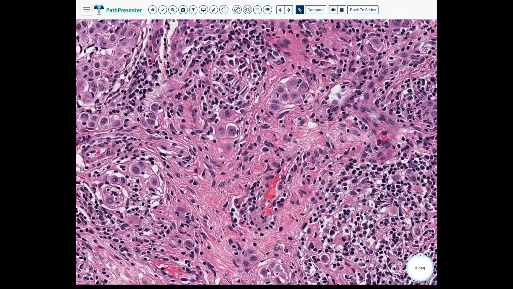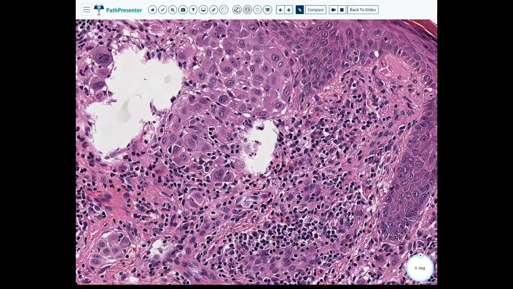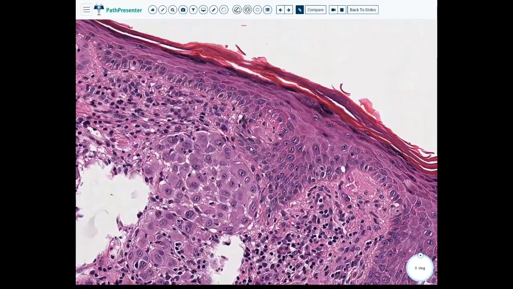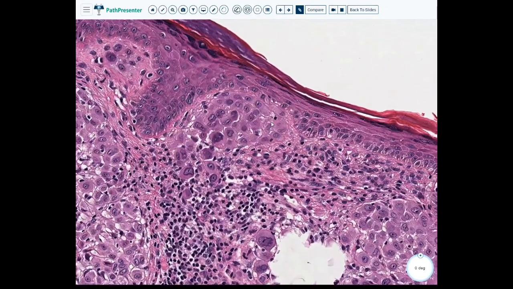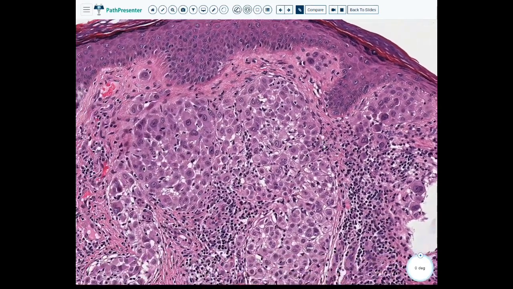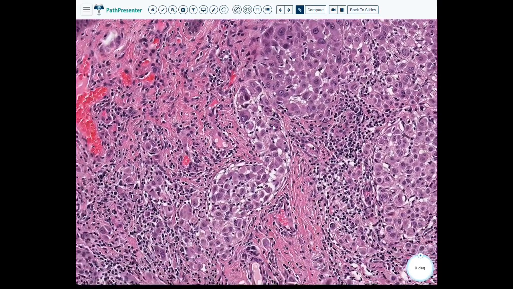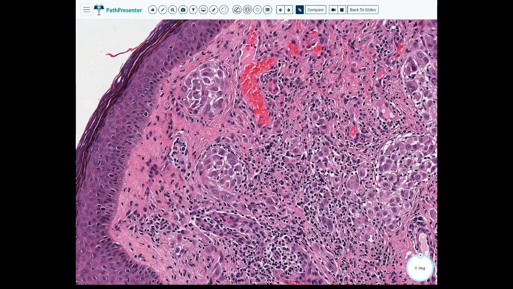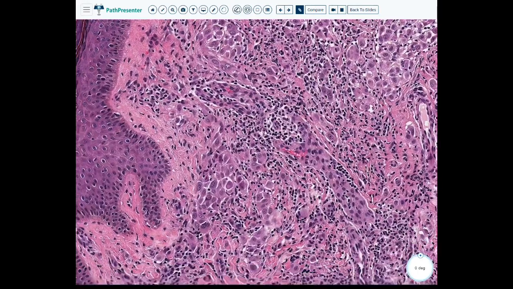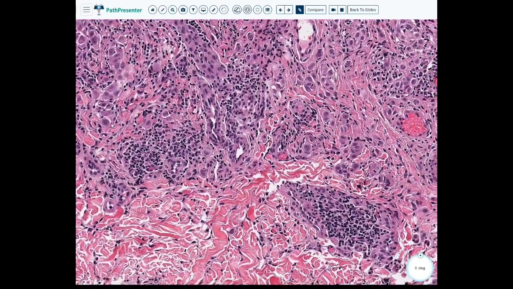Maybe some, maybe not. I thought maybe we had some mitotic activity, but we have these nests that extend all the way up to superficial dermis. These widely pleomorphic cells. See if we can find anything else.